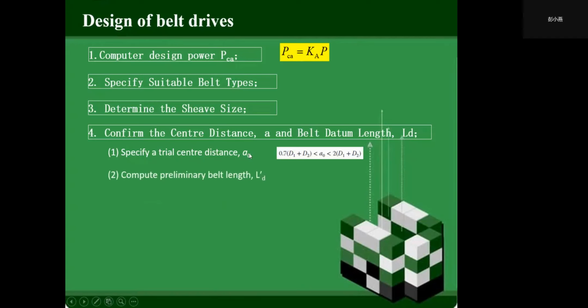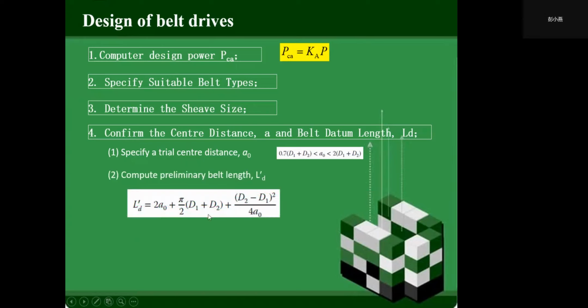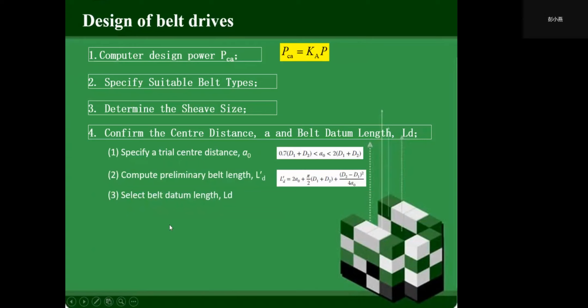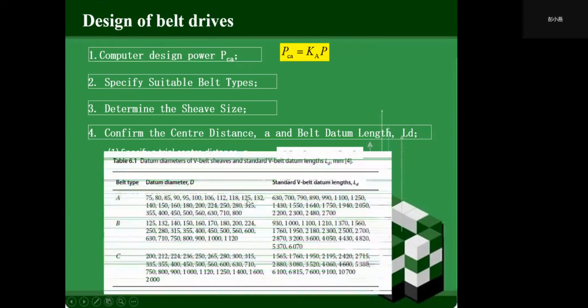And then if we know A0, we can compute the preliminary belt length LD prime. We have learned that we use this to calculate LD prime. We choose A0 and choose D1 and D2, and we can calculate LD prime. And then select the belt datum length LD, because the belt length LD is standard too.